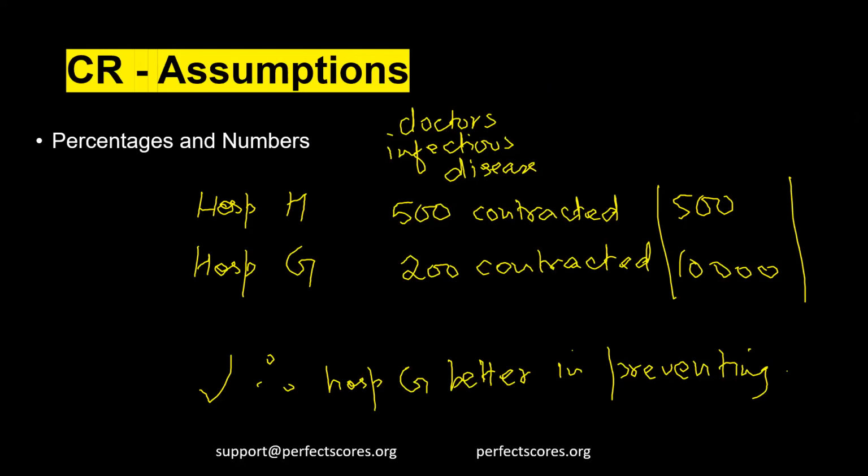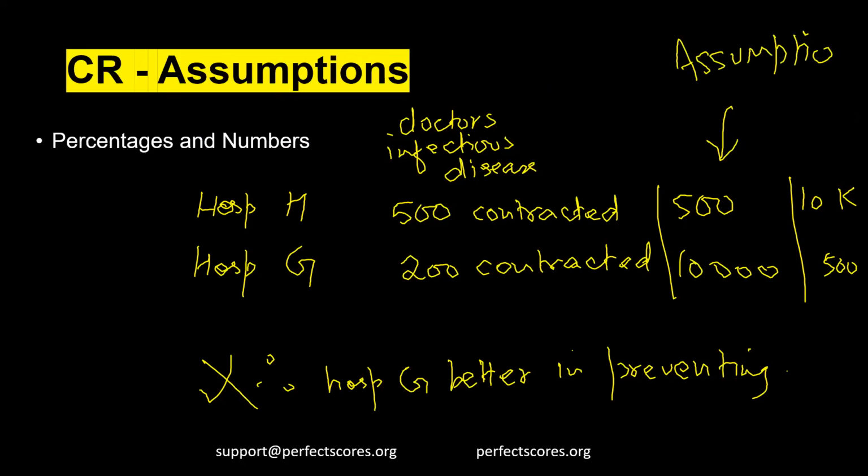But what if you reverse it? What if out of 10,000, only 500 contracted in H, but out of 500, almost half of them contracted in G? In that case, the argument gets weakened. So it's not a very strong argument to begin with, and it is resting on this particular assumption.